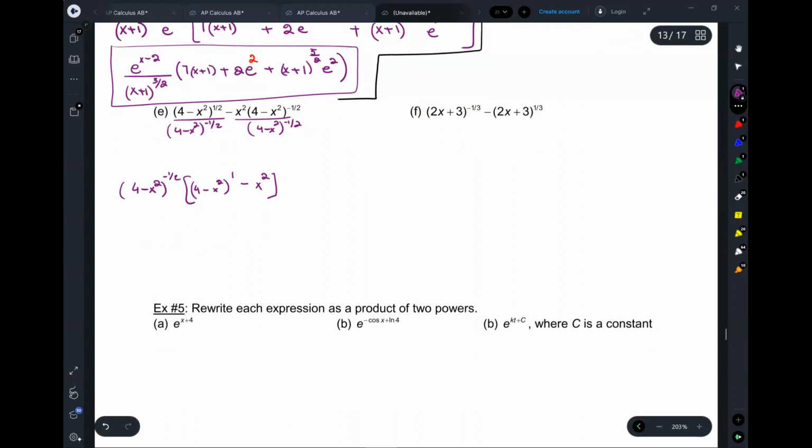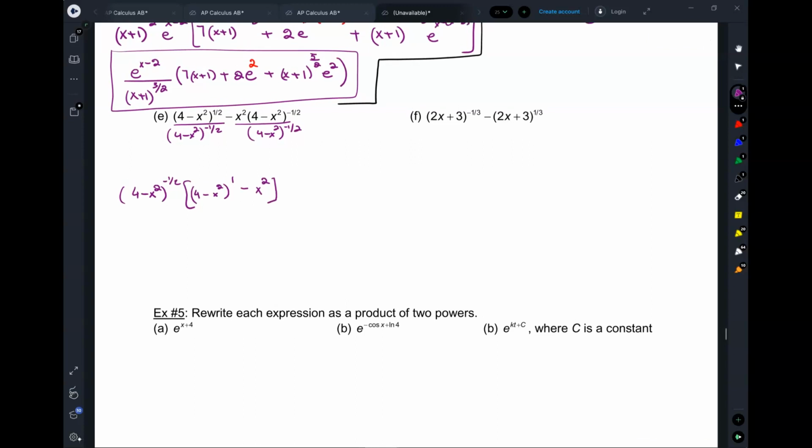So now, okay, this is what I have so far. This first thing has a negative exponent, so it's got to move to the bottom. 1 over, you know what, let me write it down here. So this is going to be 1 over 4 minus x squared to the half times 4 minus x squared minus x squared. So that's going to be 4 minus 2x squared, yeah?